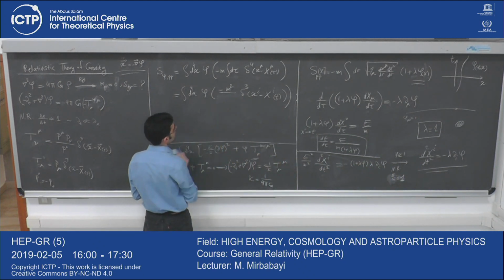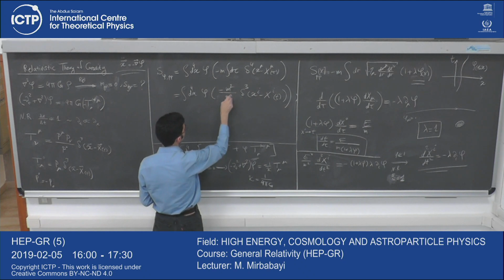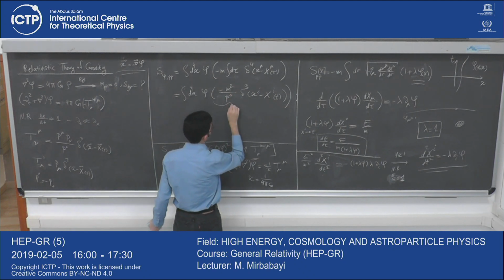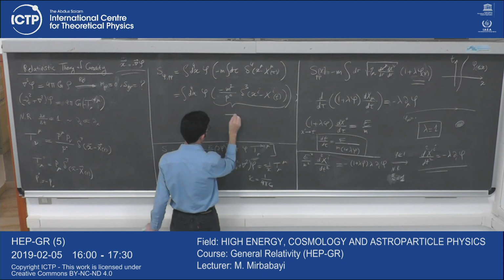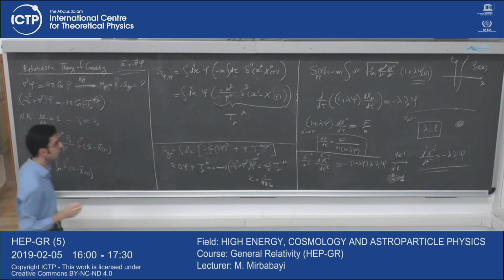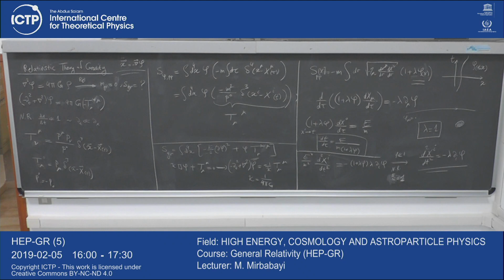So we get minus m squared over P0, which is indeed what we found as the trace of the point particle stress energy tensor.